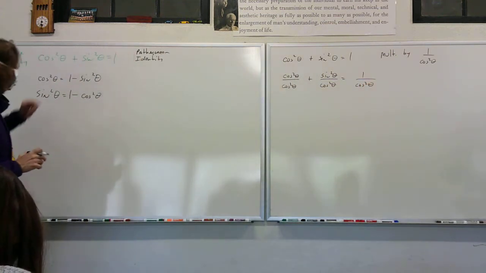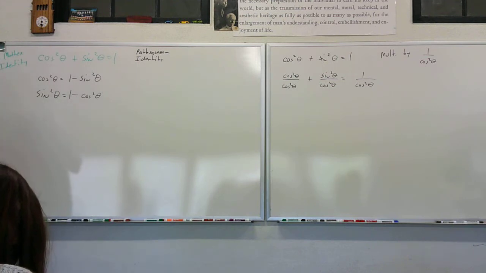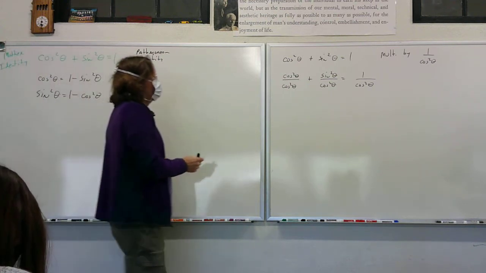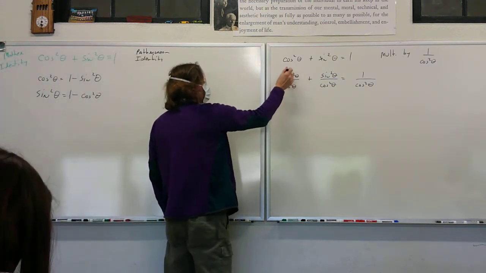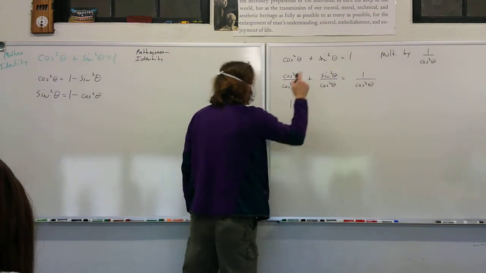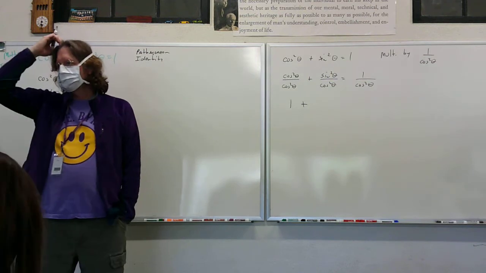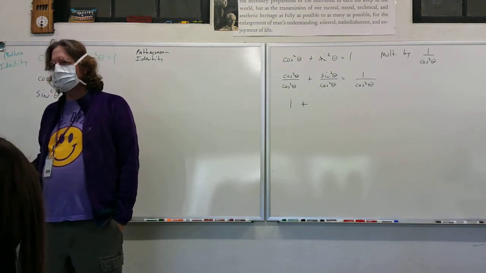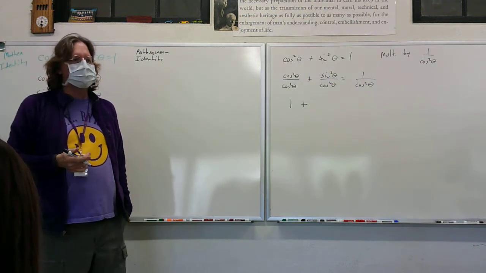So I took the mother identity, and I just multiplied it by 1 over cosine squared theta. When I do that, what does this equal? 1. What does sine over cosine equal? You know this.